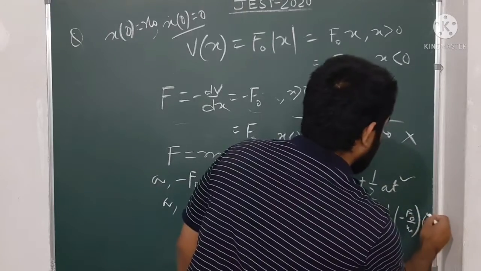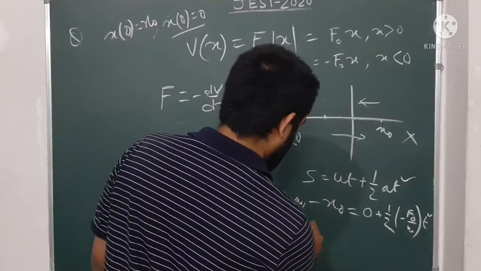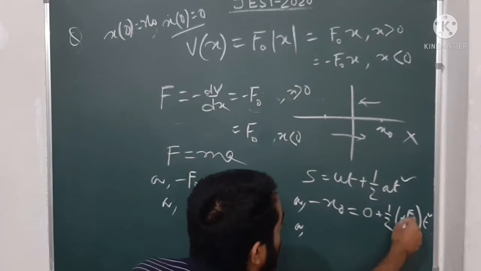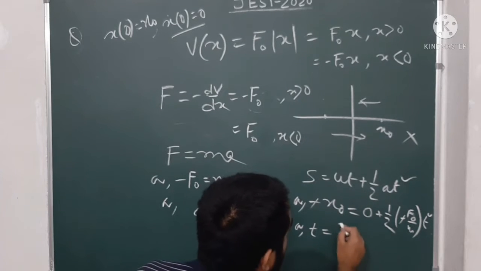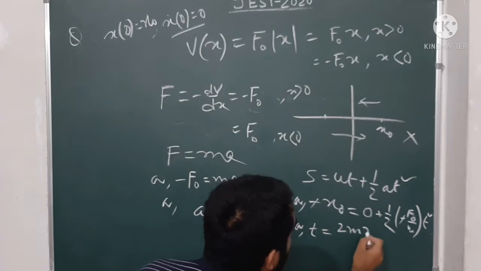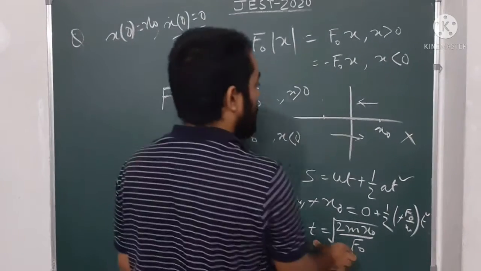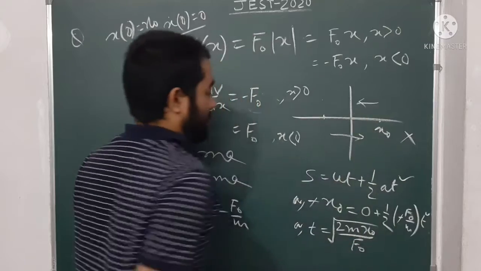Or you can calculate the time from here, so negative negative cancel, t equals root over 2m x naught by f naught. This is the time required for the particle to reach the origin from this position.